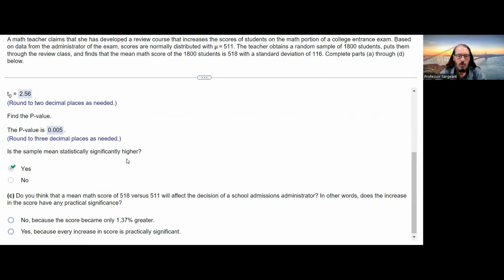However, is that 7 points going to make that much of a difference? Is it practically significant? Now, let's see here.